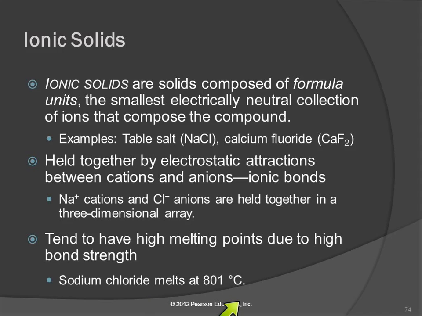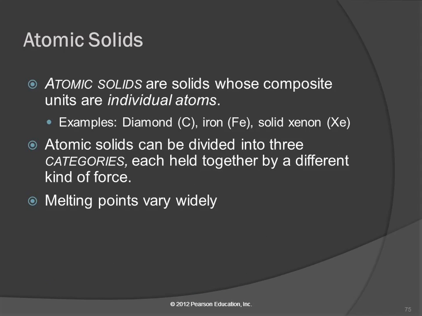Sodium chloride melts at 801 degrees Celsius. Very high. Atomic solids, these are things like diamonds. You can get xenon to be a solid at a low enough temperature. All of these are composed of atoms.